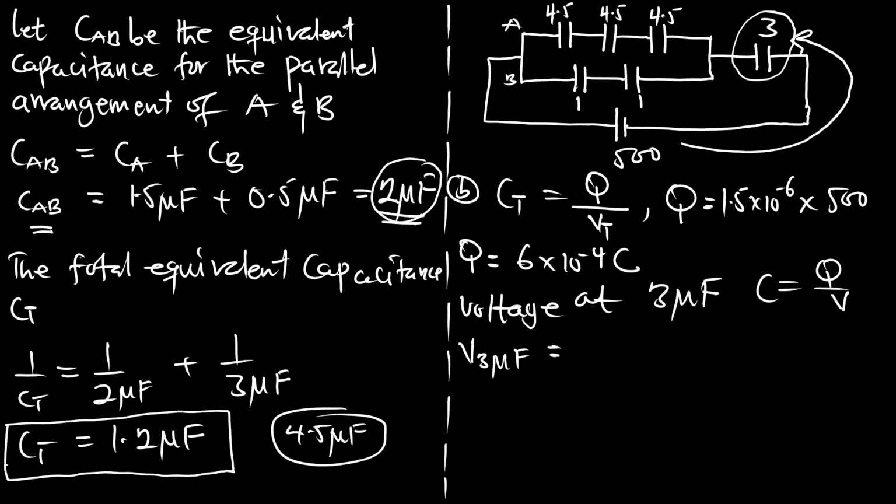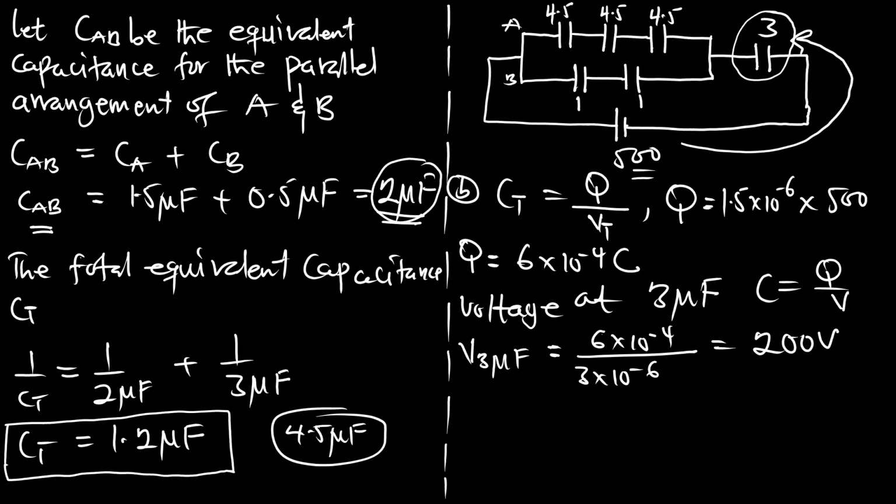So to get the voltage, we use all the charge, 6 times 10 to the power -4, over the capacitance, 3 times 10 to the power -6. With this, we get 200 volts. So out of the 500 volts, 200 is dropping at the 3 microfarad capacitor.